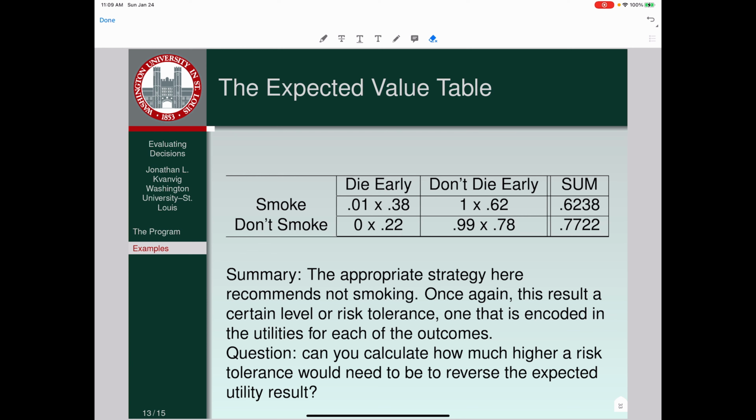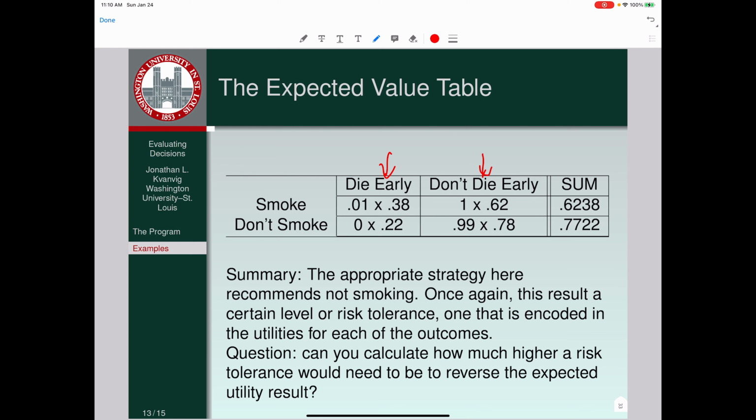And the explanation for the difference between this and the last case is the causal effectiveness of the bad thing that you're doing. Once again, you might be able to reverse this answer based on how much you care about dying early versus not dying early.